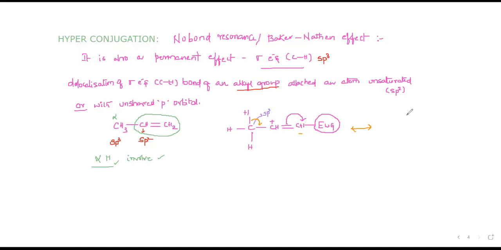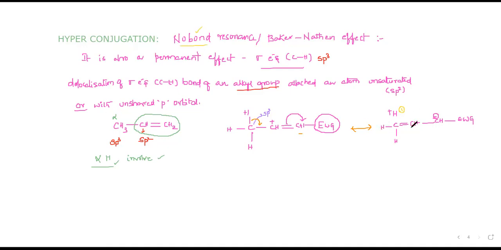So the bond between carbon and hydrogen is shifted here, and this has an electron withdrawing group. This is the one hydrogen, right? So this type of CH bond resonance can be shown. There is no bond observed between carbon and hydrogen, hence it is also called no bond resonance.